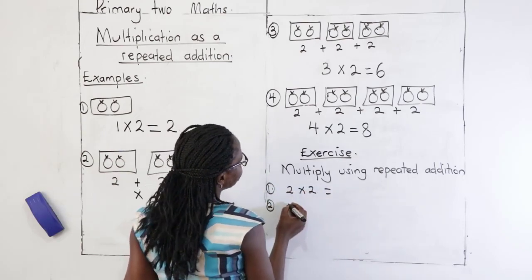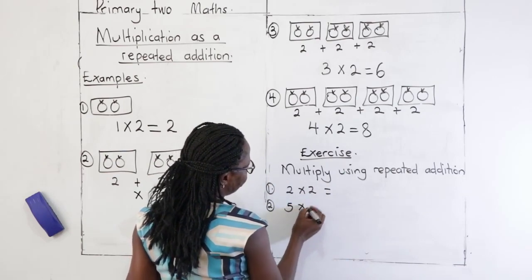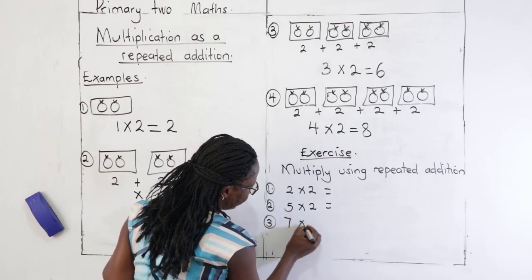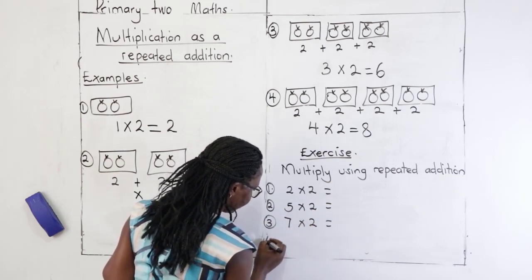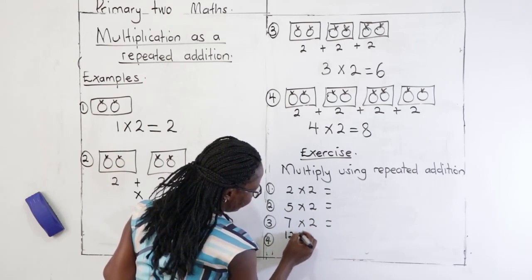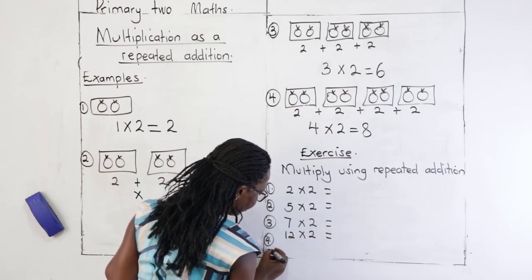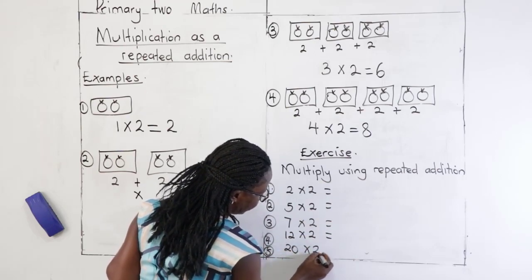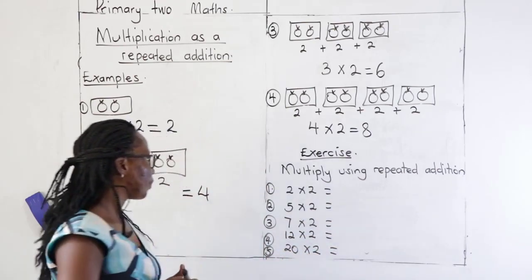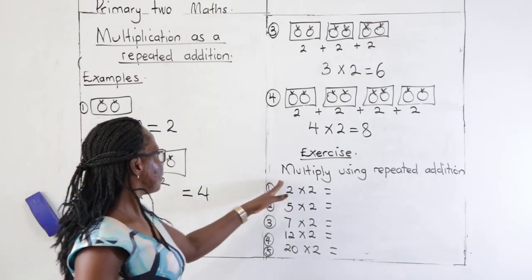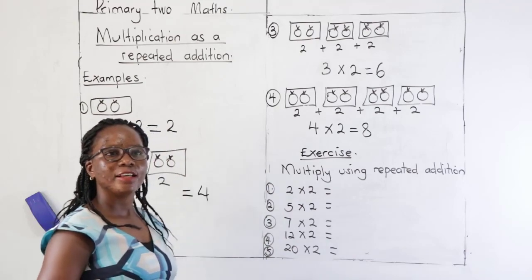Number 2, multiply 5 times 2, 7 times 2, 12 times 2, 20 times 2. Just do this simple exercise and then we see what is next.